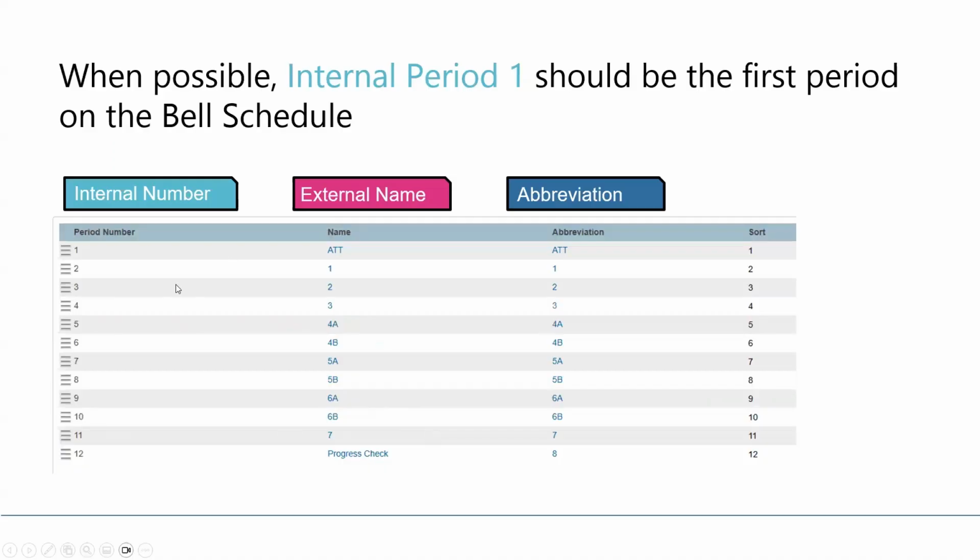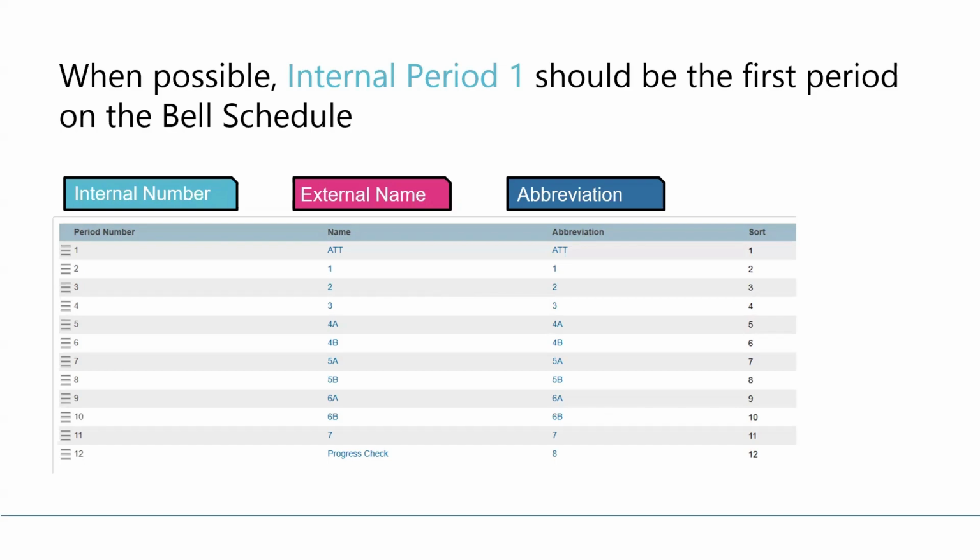Our next part that we're going into is on the internal periods, external name and abbreviation. When possible, we recommend that internal period 1 lines up with first period on the bell schedule. We know schedulers don't always use internal periods the same way, especially during Power Scheduler build. Sometimes they have 15 to 25 internal periods in play, and then things get cleaned up and finalized by the Power Scheduling team before the school year starts. So that's totally understandable.